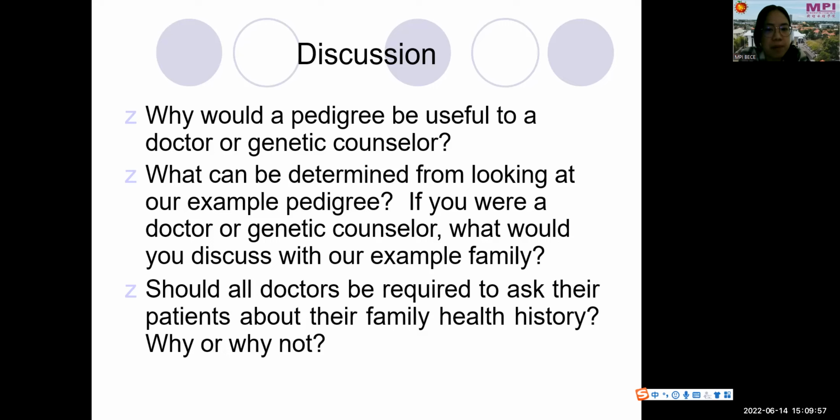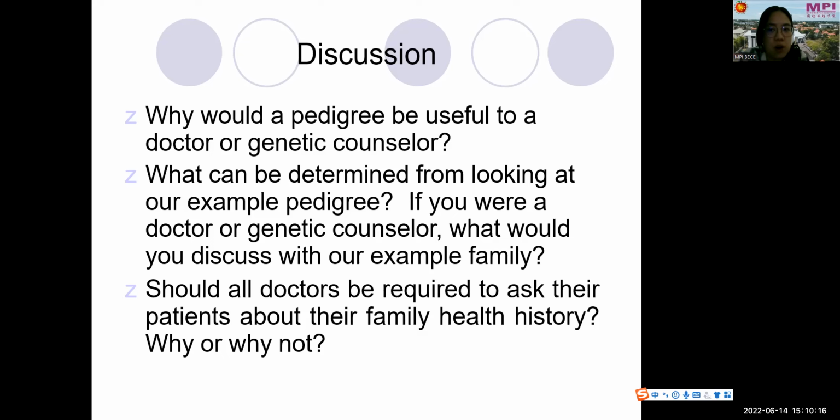And what can be determined from looking at our example of the pedigree? And if you were a doctor or genetic counselor, what would you discuss with our example's family? Or what would you discuss about your own family?